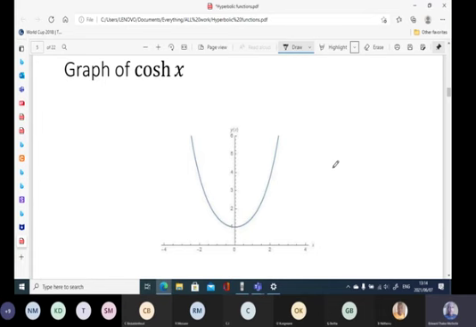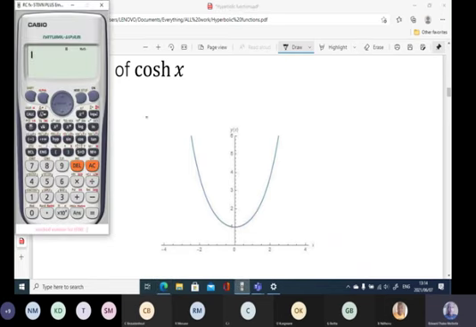The graph of cosh x looks like this. To plot this, I have a calculator somewhere. I hope you can see this calculator.